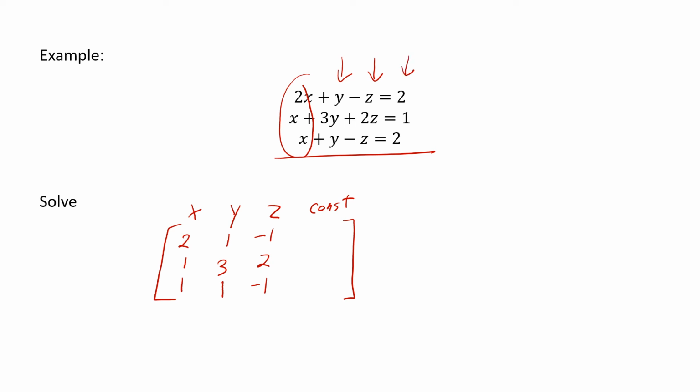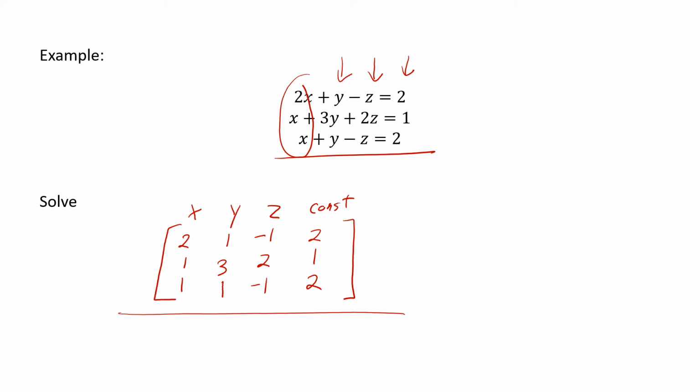And my constants, 2, 1, 2. There is my augmented matrix. And this augmented matrix gives me what I need to start with to solve my system of linear equations by using elementary row operations.